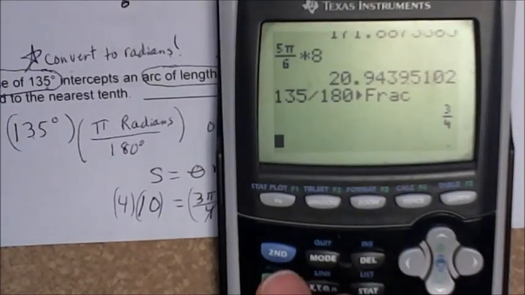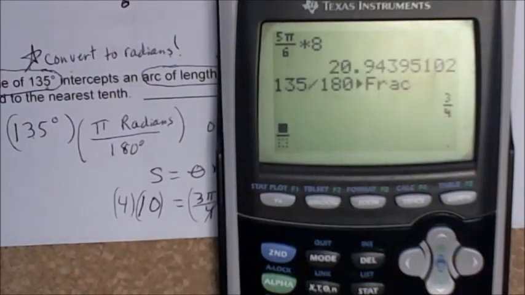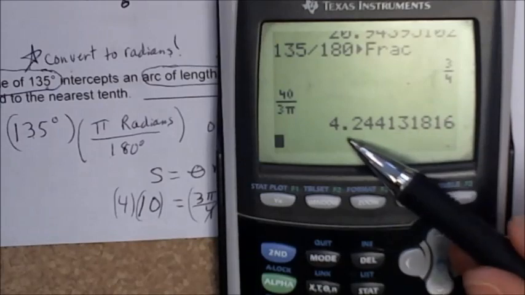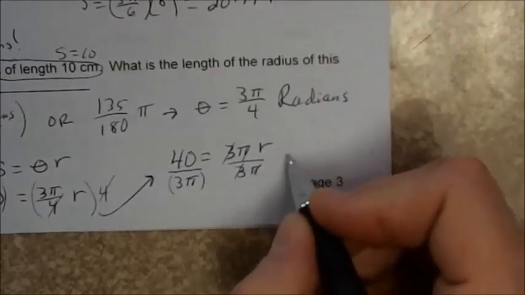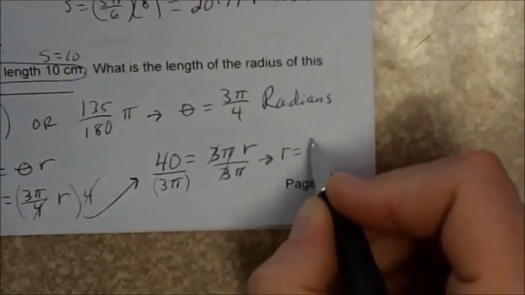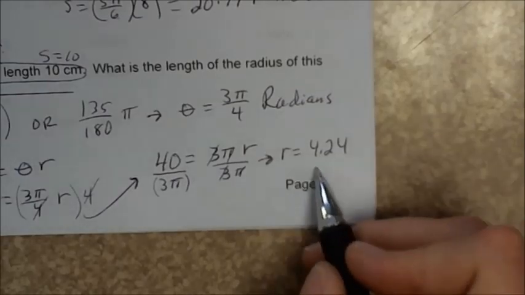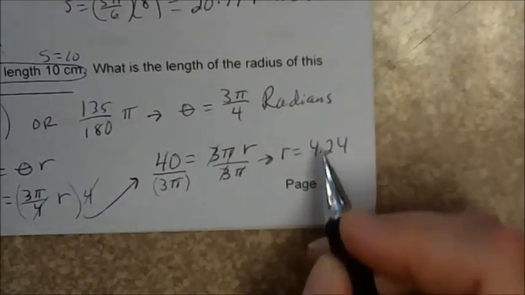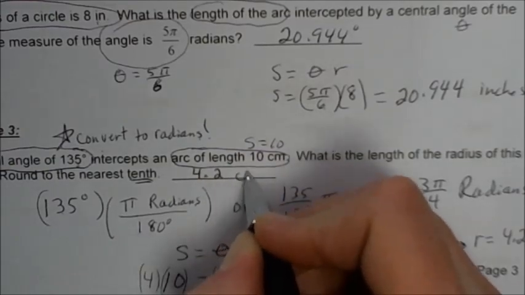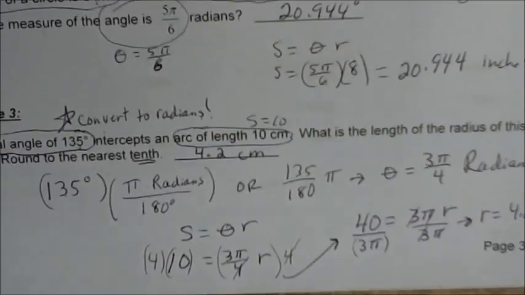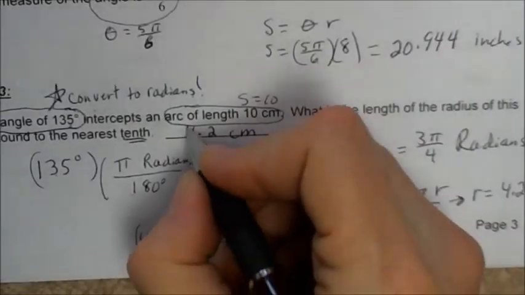So I always use my fraction button, then I don't have to worry about parentheses. 40 divided by 3 times pi is going to be our R value, and that looks like it's 4.244. And it says round to the nearest tenth, so I'm going to say R is equal to 4.24. I'm going to give it out to the hundredths place, but to the nearest tenth, it is 4.2 centimeters. So there's our answer, 4.2 centimeters.